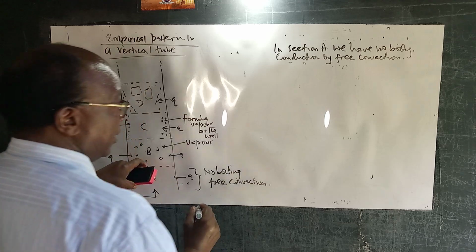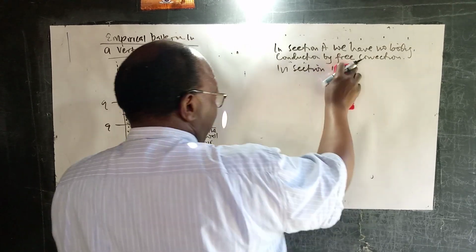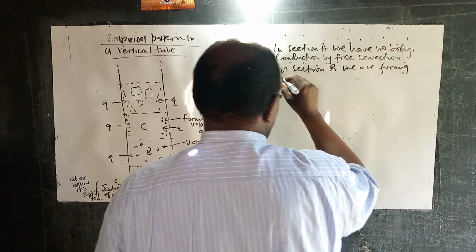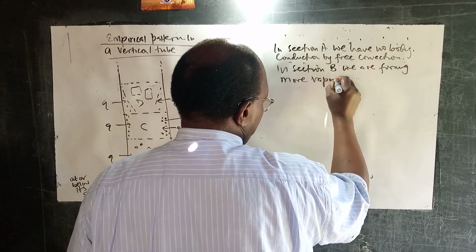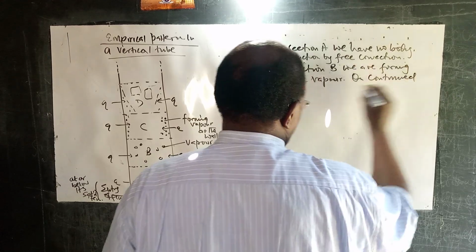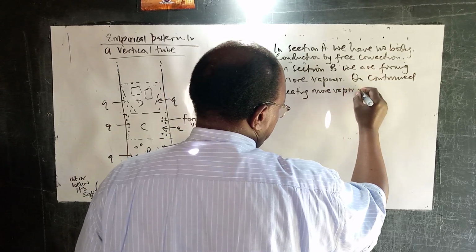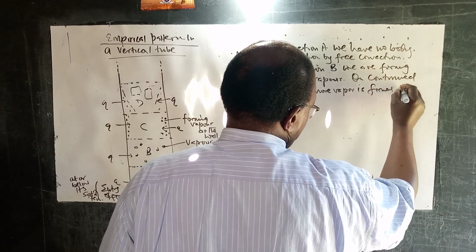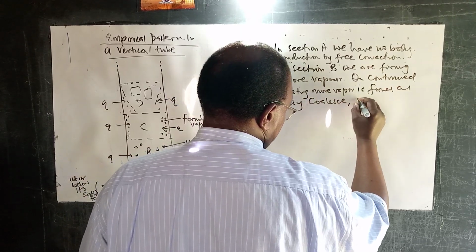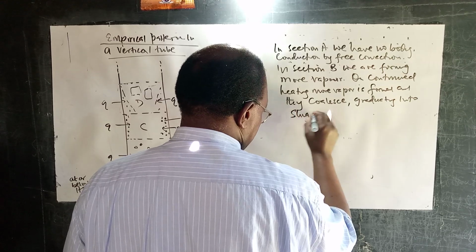So we have already said more vapor in section B. On continued heating, more vapor is formed, and they coalesce, graduating into slug flow.